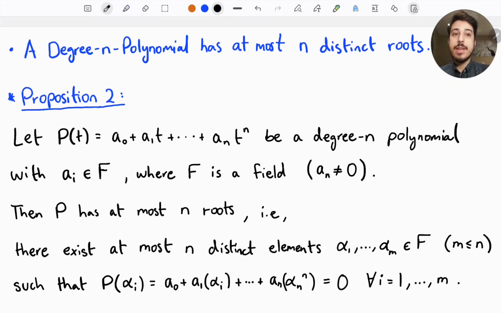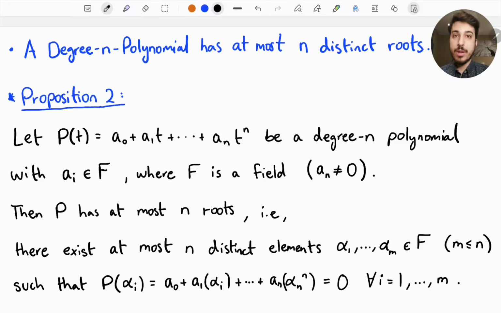In other words, there exist at most n distinct elements alpha 1 to alpha m, where m is at most n, such that P of alpha i is equal to 0 for all i between 1 and m.